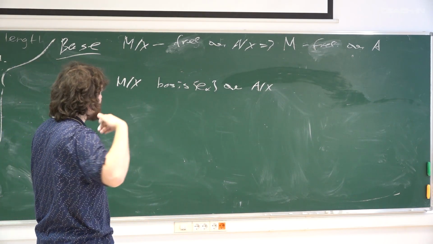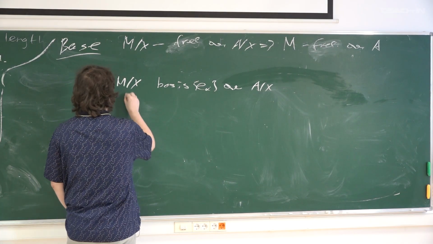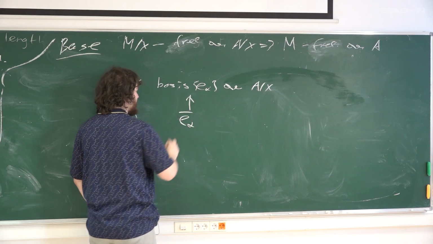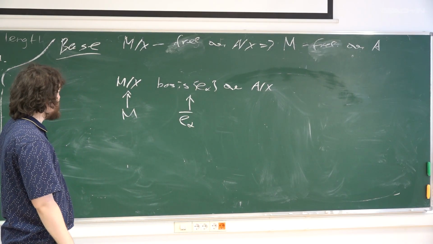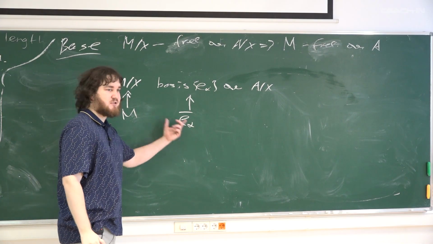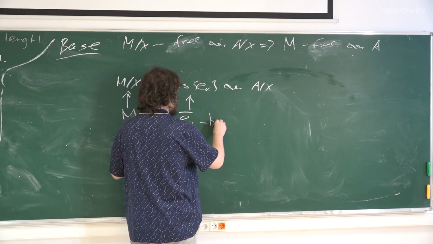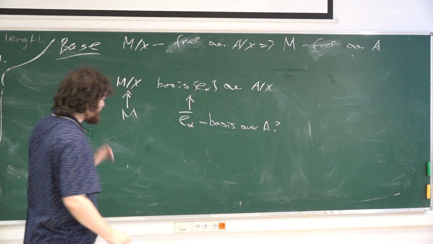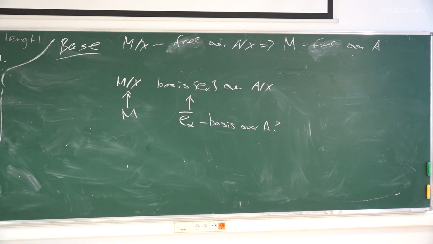Then I can consider pre-images: I have a surjection, so it has pre-images, some elements a alpha bar. My claim is that this is a basis over A. Why is it a basis over A? It generates M over A. That is the first one. Or maybe, okay, let's start with linear independence.